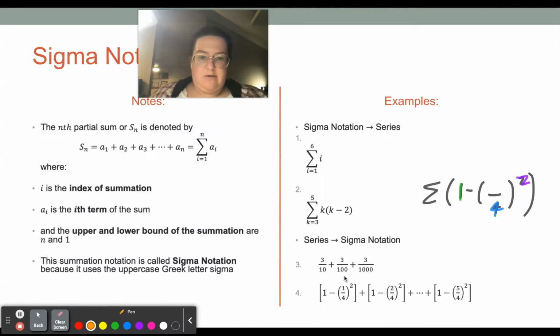You can see here it's 1, here it's 2, here it's 5. So that's what's changing. So you want to put a k there, and that will be your variable. And then you look at where it starts and where it ends. So it starts at 1, ends at 5.